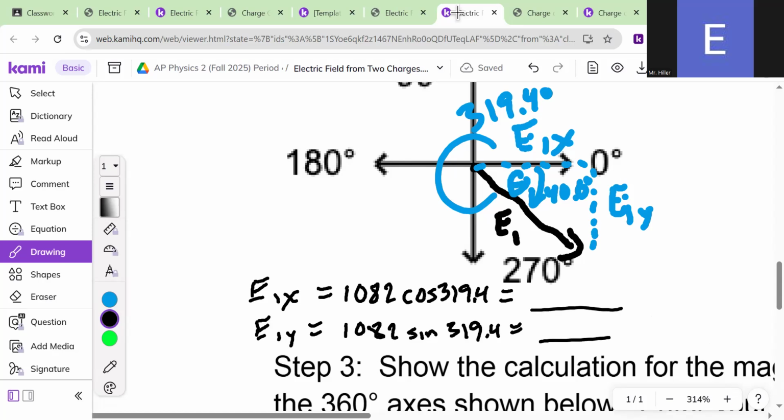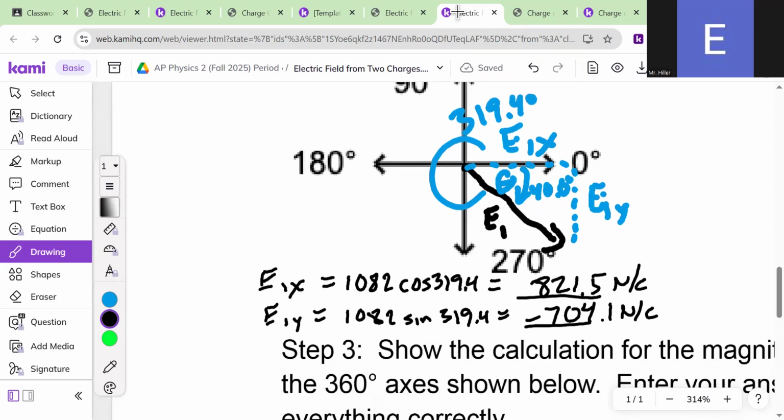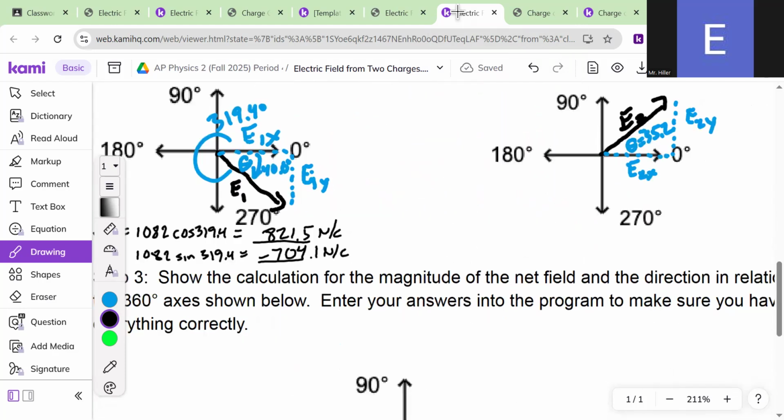So we got to find those components. We have 821.5 and 1082 sine 319.4, it's about negative 704.1. Okay, so those are my components for E1 in the X and Y direction.